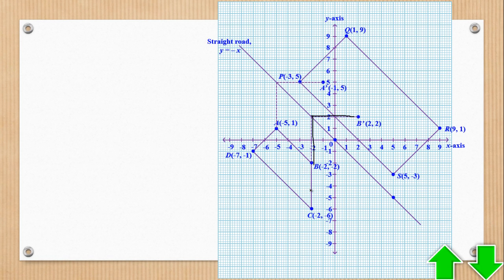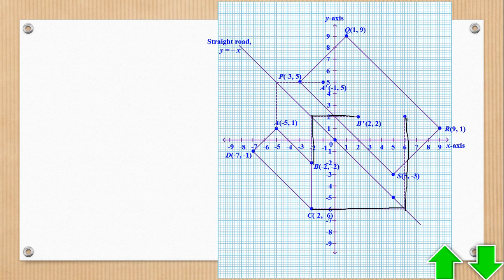What about the image of C? Now let me move horizontal first. 1, 2, 3, 4, 5, 6, 7, 8. Now vertical will also be 8. 1, 2, 3, 4, 5, 6, 7, 8.